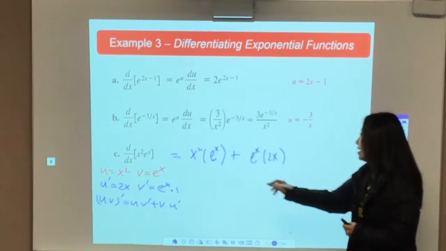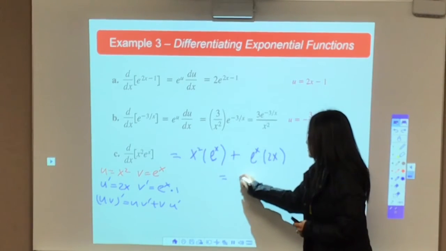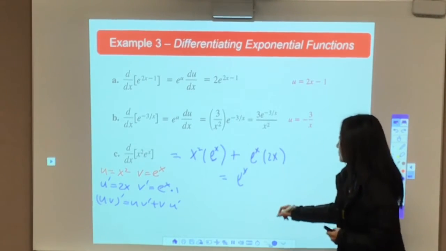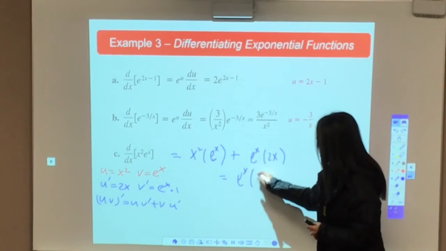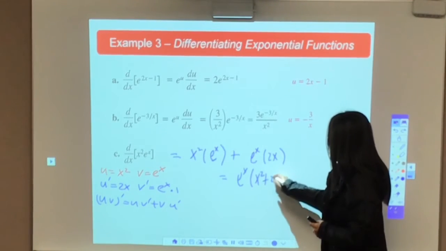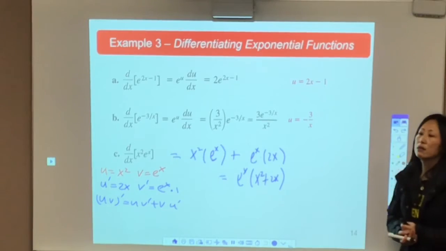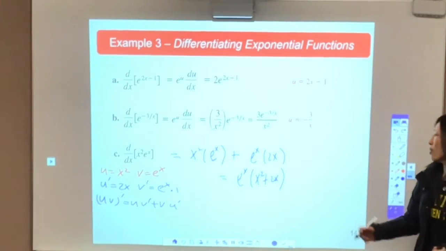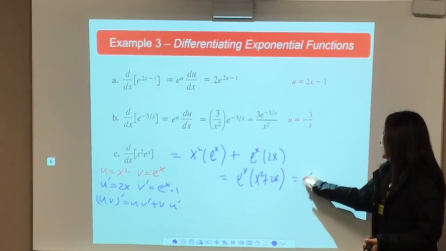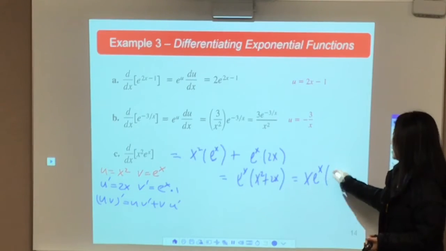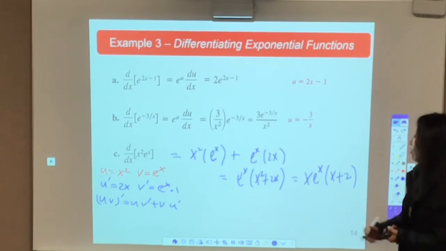And I just combine e to the x. And then what do you have here? x squared plus 2x. Or if I want to combine one more, which is x, x e to the x times x plus 2. They're all the same answer.